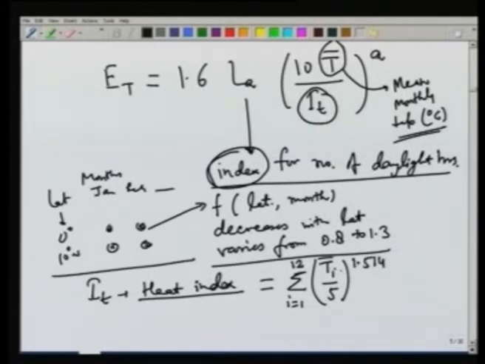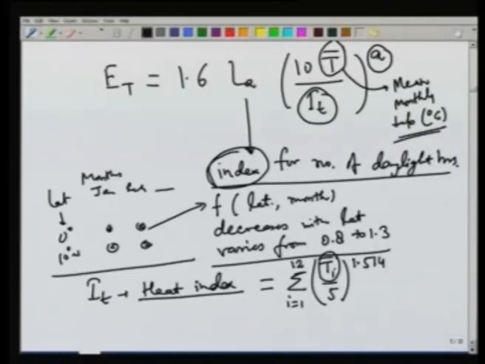T bar again is the mean monthly temperature for the month i. So, i will go from 1 to 12 for the entire year. So, I_T is an index which is called the heat index, which is the mean temperature for each month summed up for the whole year.